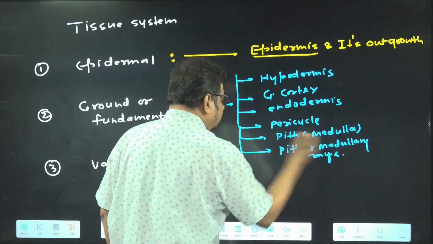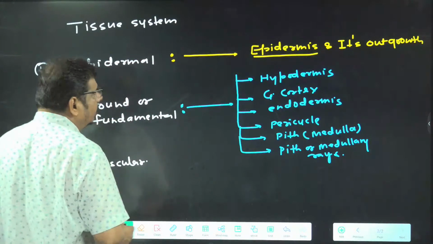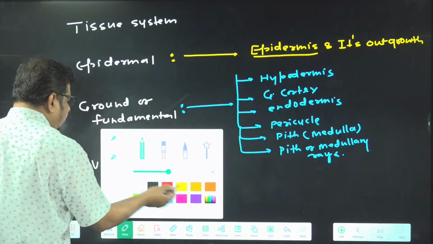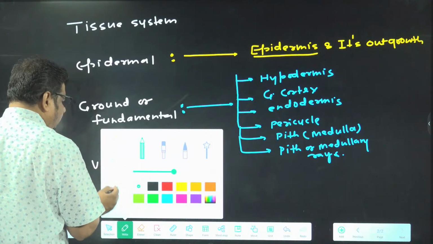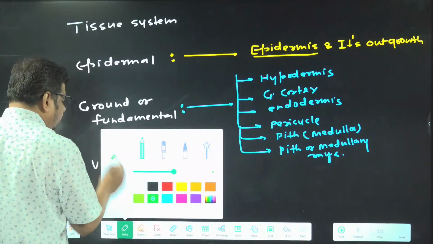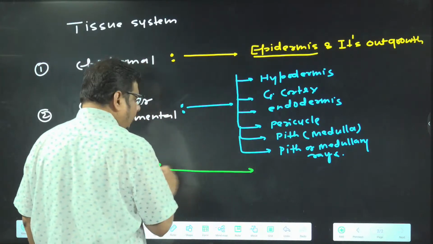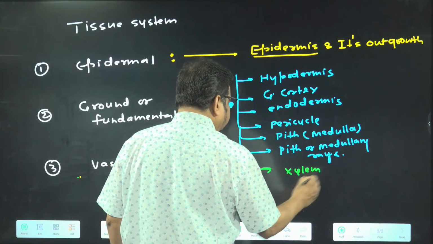So these are the components of the ground or fundamental tissue system. The third one, vascular tissue system, includes xylem and phloem.